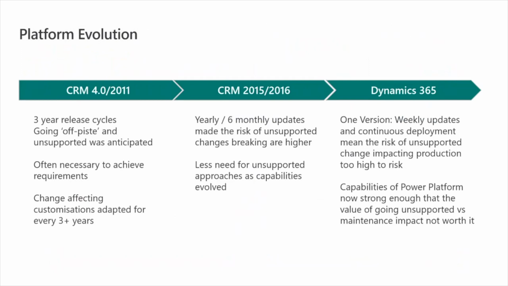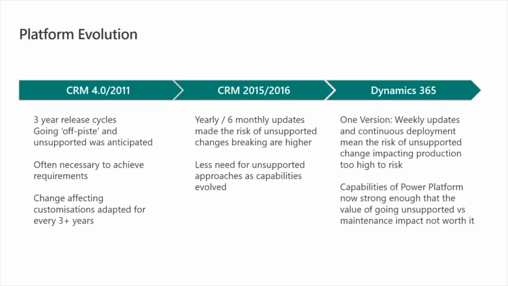That meant you had a bit more control: you could do things that are unsupported and still live with that for up to a year, because you could sometimes skip these updates. But essentially, it was not operating in a true SaaS model where we keep the service on a single version and all our customers get the same benefits as any other SaaS service.